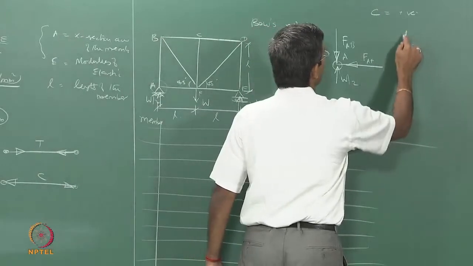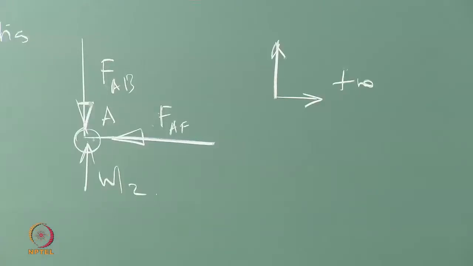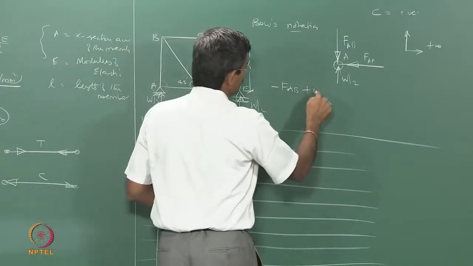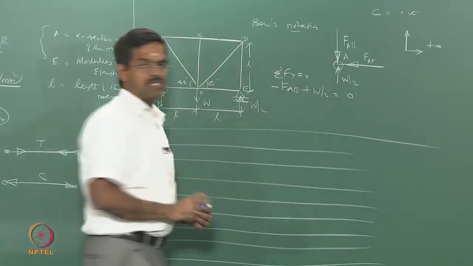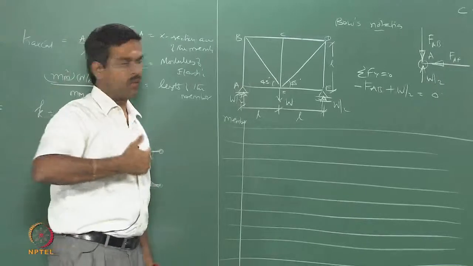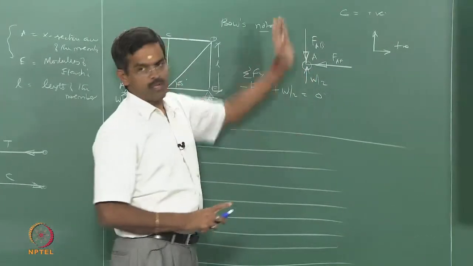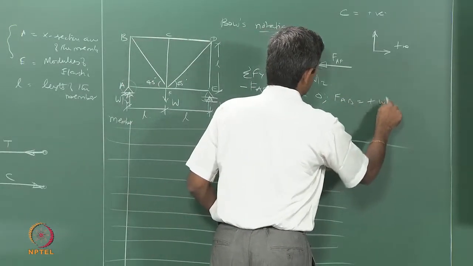So, any force upward, any force right is positive, and any force downward is negative. So, minus FAB plus W by 2 is 0, that is sigma Fy equals 0. Algebraic sum of all forces in y direction or y axis is 0. So, I apply minus FAB plus W by 2 is 0, which gives me FAB as plus W by 2.